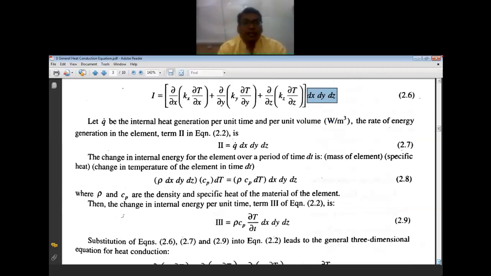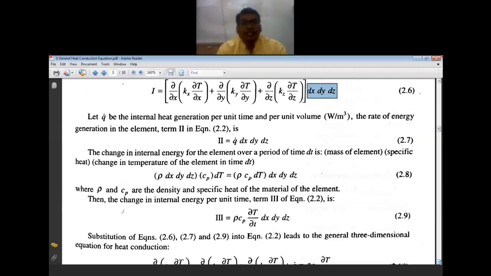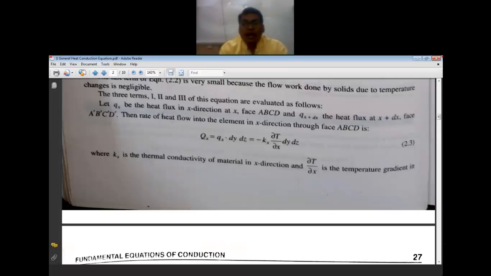Then the second term is related to the internal heat generation or the consumption per unit time per unit volume. That is, watts per meter cube. Q dash is having the units of watt per meter cube, because we are defining this as the internal heat generation per unit time per unit volume. What is the unit of the first term? Qx is having the units of W, watt.